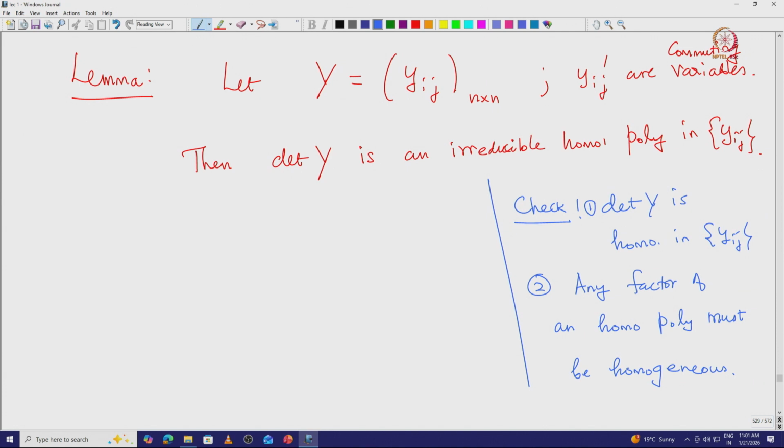By specializing these variables y_ij to some other variables, we will be able to conclude that the resulting polynomial is irreducible, and that would tell you that the original polynomial must be irreducible. So, what is the specialization that we are talking about? Let us take these variables, let us call them x. This is the new set of variables.